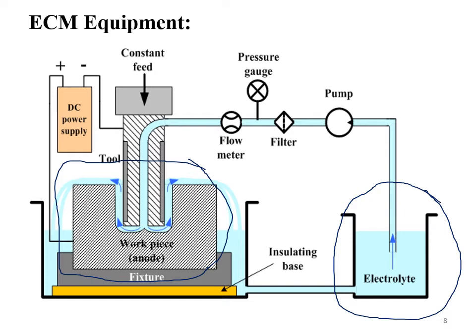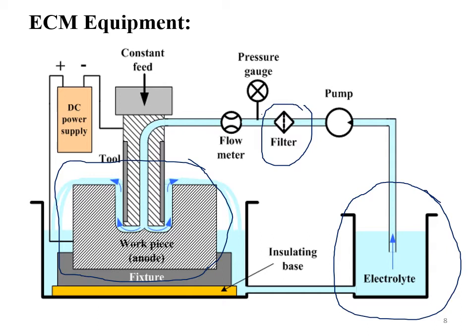The electrolyte is being pumped onto the machining zone. Before it is sent to the machining zone, it has to be filtered for any presence of foreign particles or any unwanted suspensions found in the electrolyte.